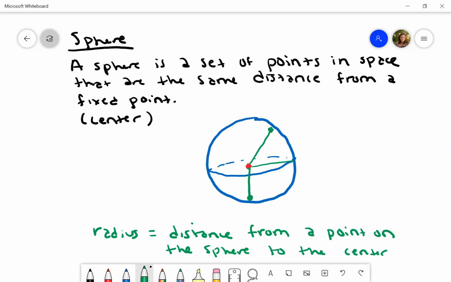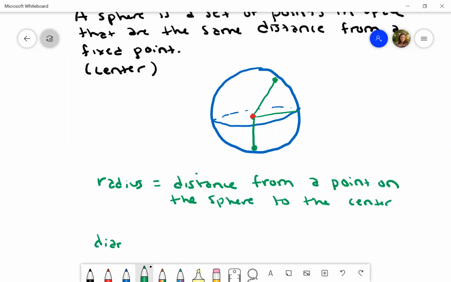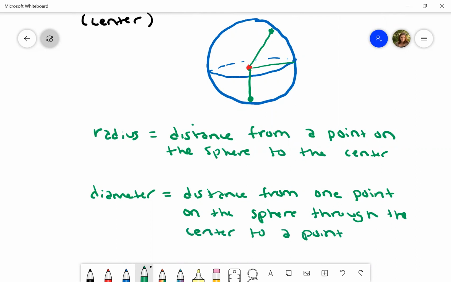The diameter is the distance from one point on the sphere through the center to a point on the opposite side.